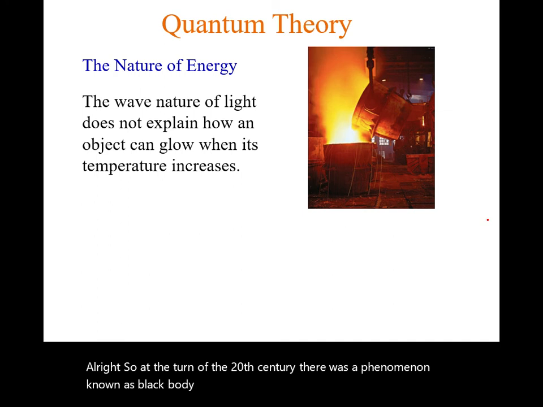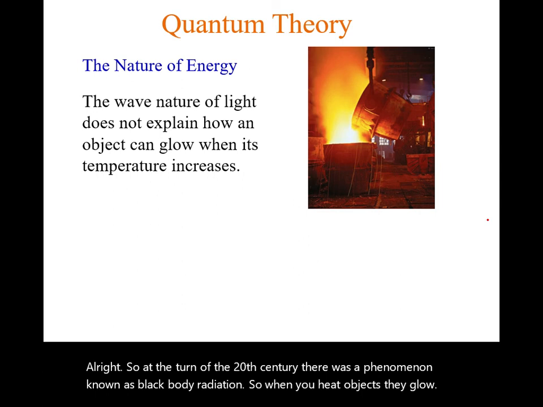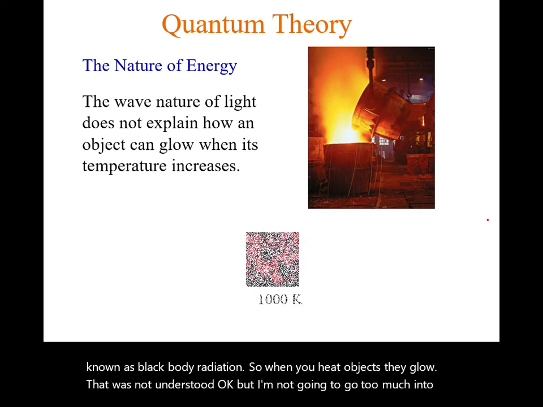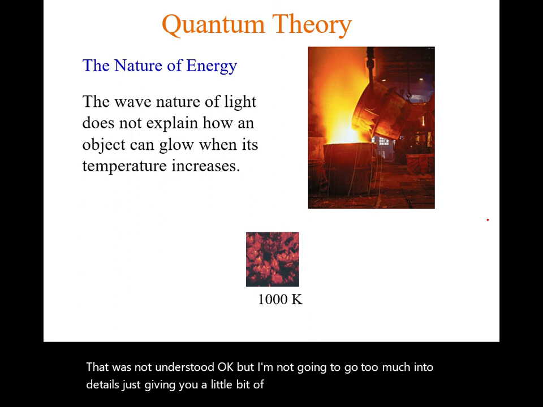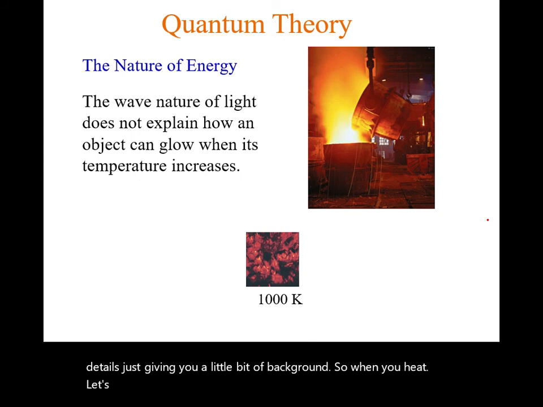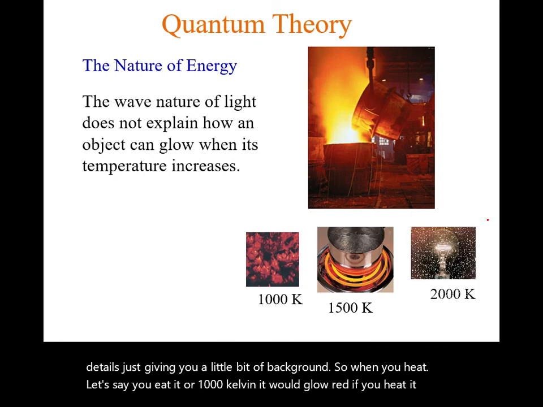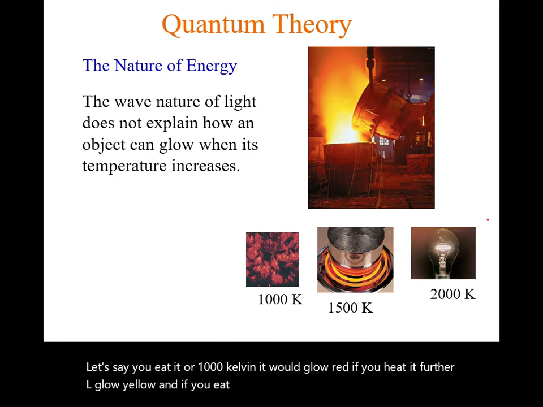When you heat objects, they glow. That was not understood, but I'm not going to go too much into detail, just giving you a little bit of background. When you heat something to, let's say, 1,000 Kelvin, it would glow red. If you heat it further, it'll glow yellow. And if you heat it even further, it'll turn white.